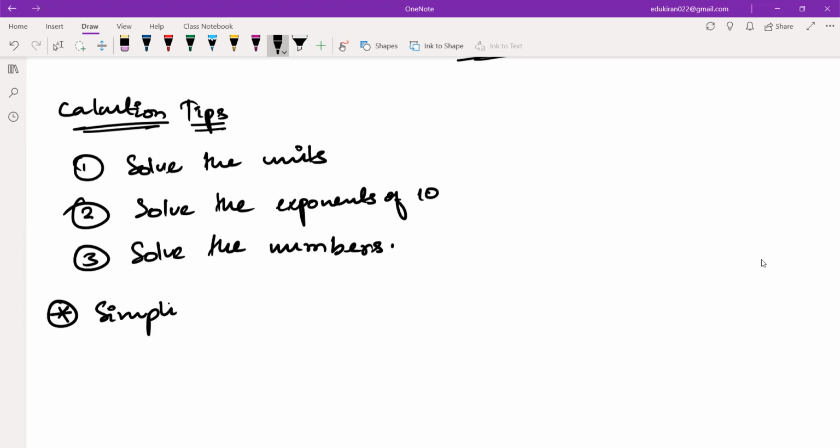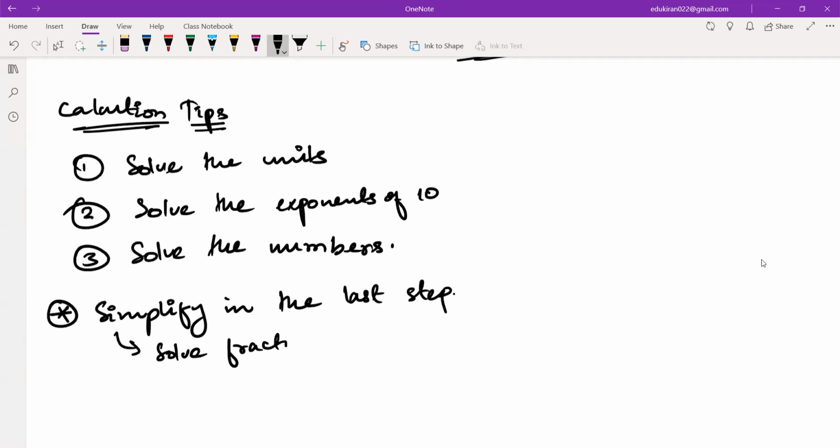Simplify in the last step. Simplify means solve the fraction. Solve the fraction in the last step. Okay, this is also very important.